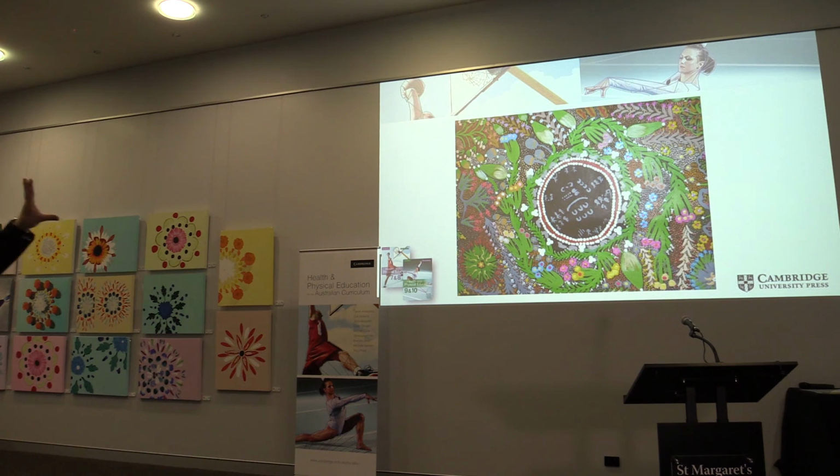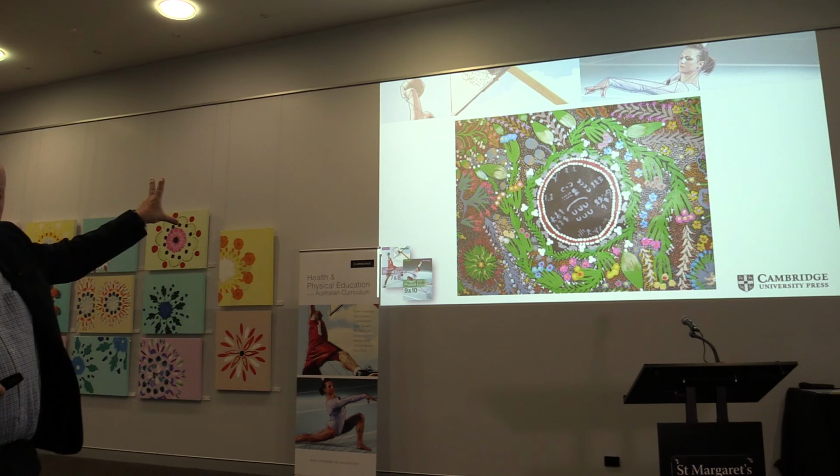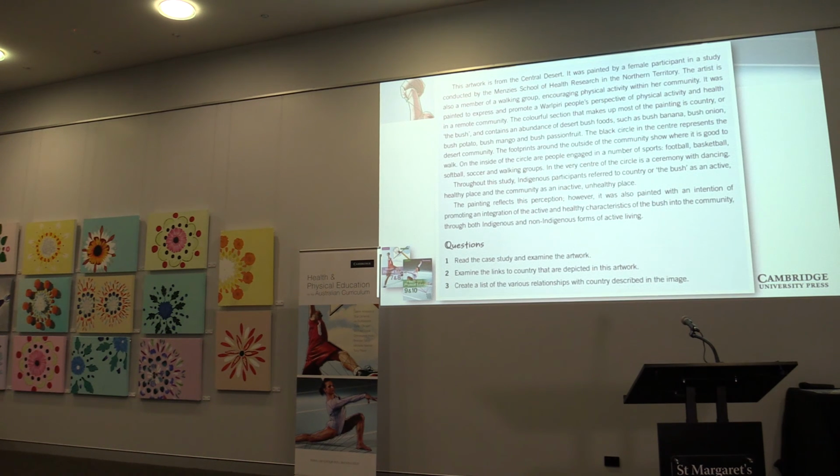So the students have a look at this particular image. Up comes the background to that particular image. I'll give you an opportunity to read through that. So we've tapped into some research from the Menzies School of Health Research in the Northern Territory.